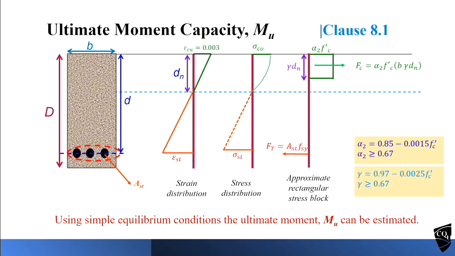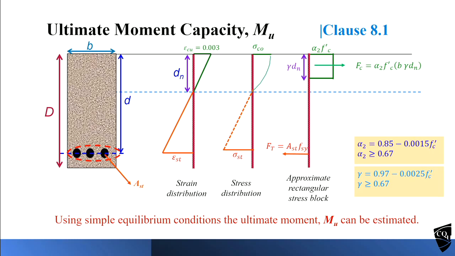If you exceed it, the concrete will fail under compression. So I take the extreme case, that is just before the failure. So I said, okay, that reaches 0.003.